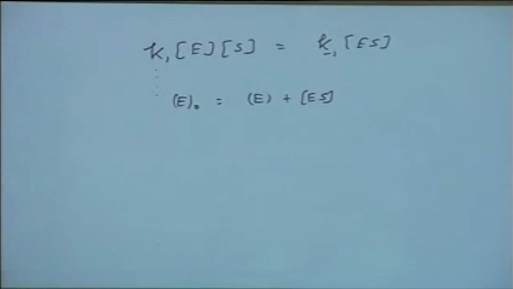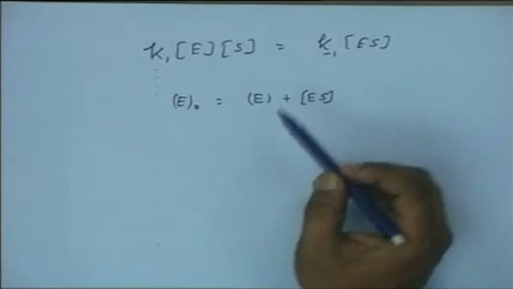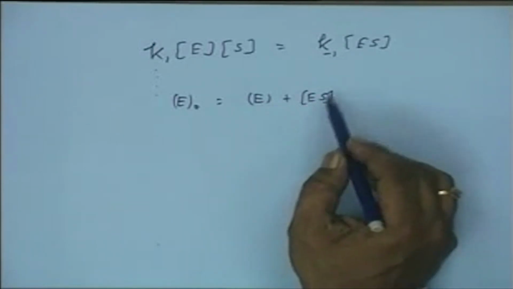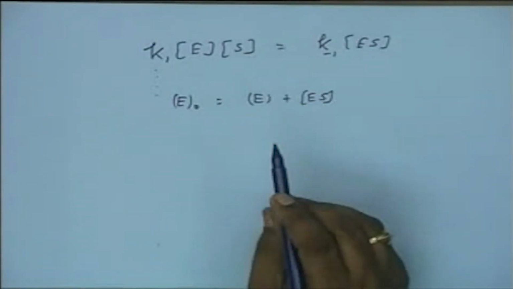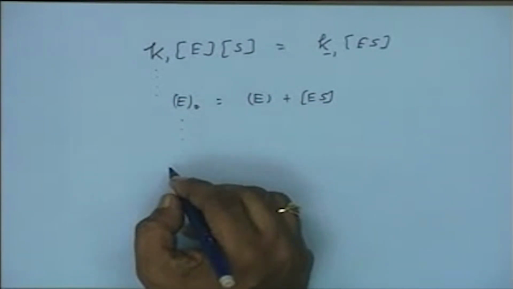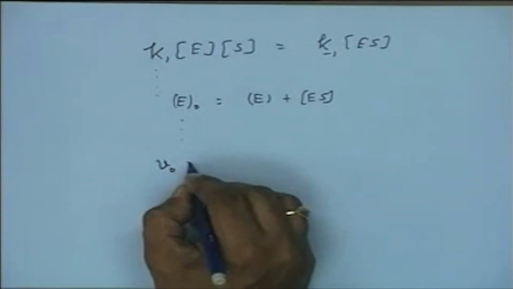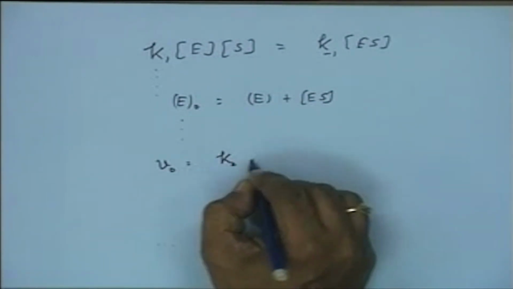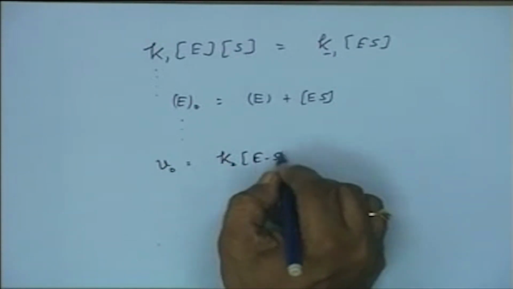That is, the total enzyme concentration at equilibrium is distributed between the enzyme substrate complex and the free enzyme. Substituting the value of ES from the equilibrium analysis, you come down to the initial reaction rate V0 equal to K2 into the concentration of ES.